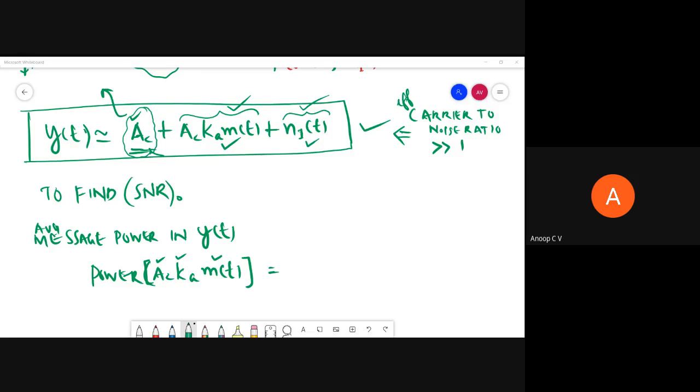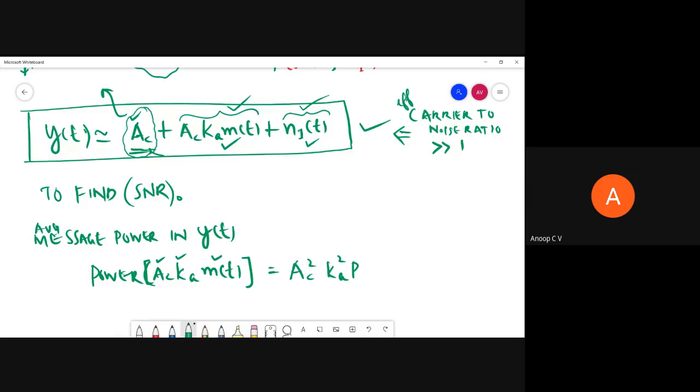Ka again will be squared, so AC square Ka square, and we have m of t, a message signal. We already know the average power delivered by m of t to a 1 ohm resistor is equal to P. So it will be AC square Ka square P, not AC square Ka square P by 2.